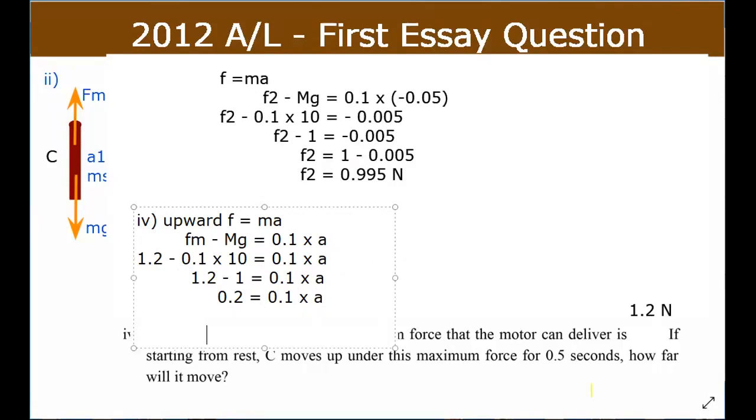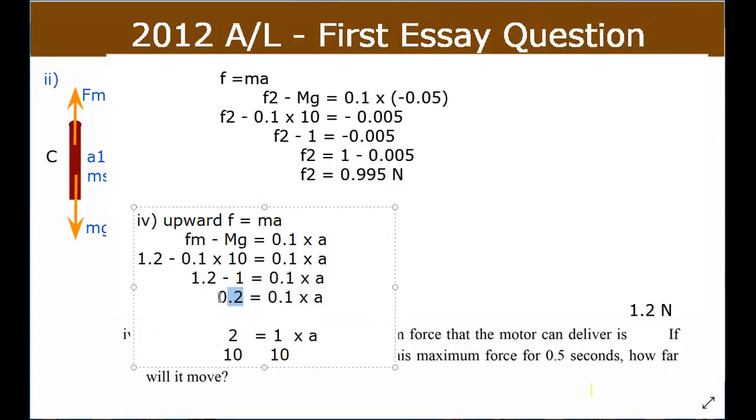Now, very simple. Look at the board, I can write 0.2 as 2 divided by 10. So there is a simplification method. 0.1 can be written as 1 over 10, into A. What did I do?